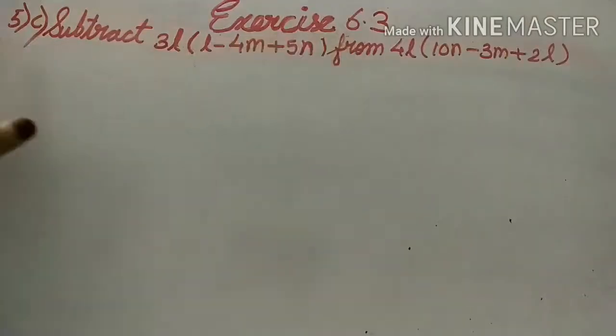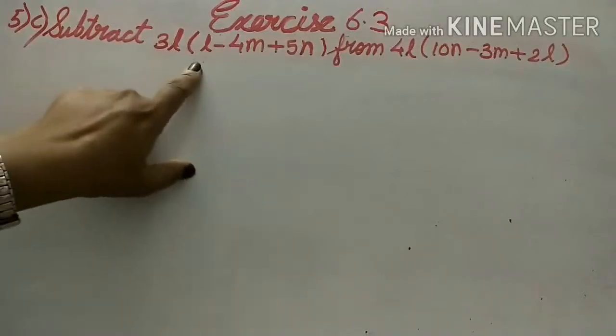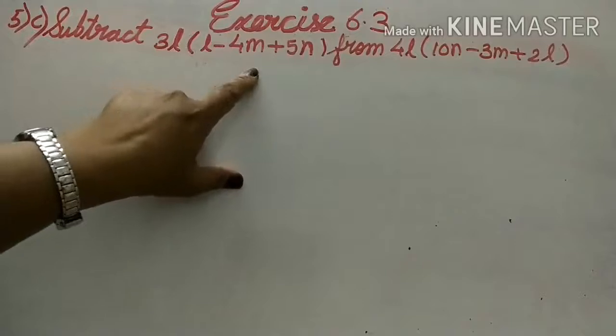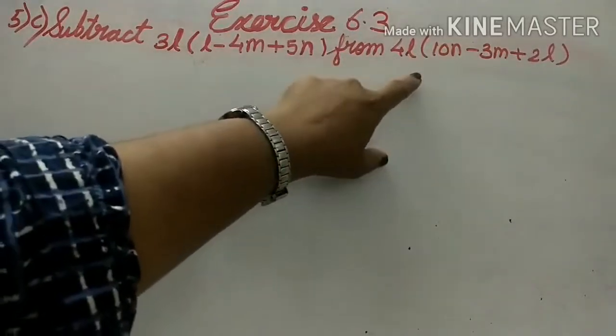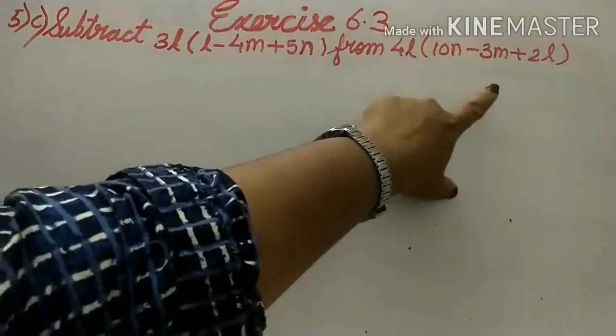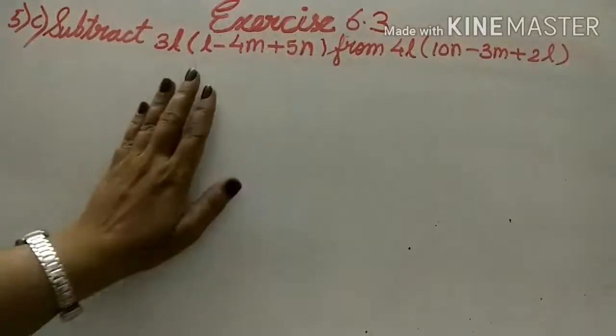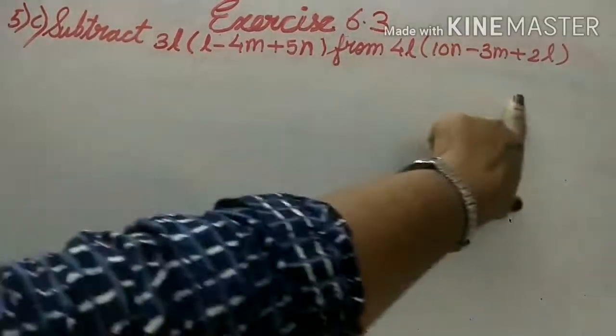Exercise 6.3, fifth main, C. Subtract 3l into bracket l minus 4m plus 5n from 4l into bracket 10n minus 3m plus 2l. Means we have to subtract this first expression from second expression.